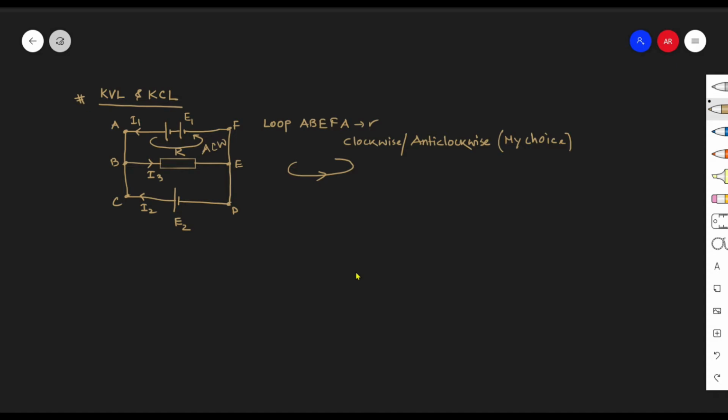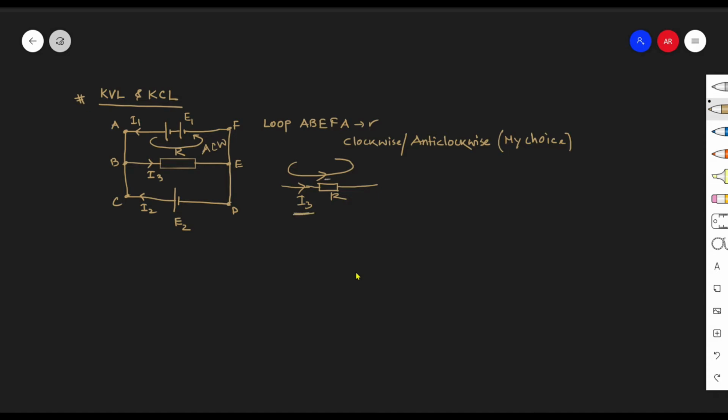Here E1 is one power supply which is connected with a resistor R, and E2 is another power supply which is also connected with this resistor R. So we are going to consider this circuit in terms of the loops that are created.